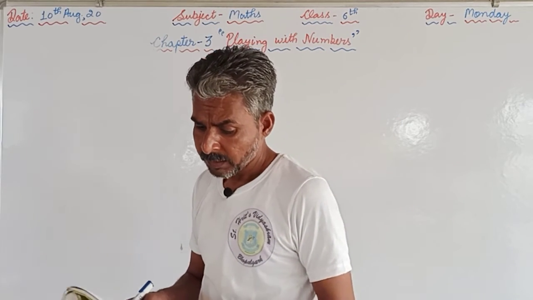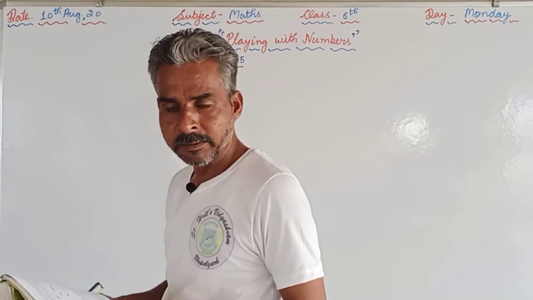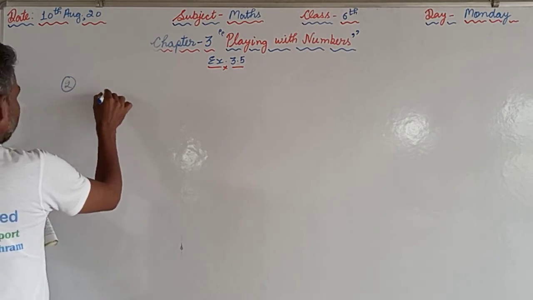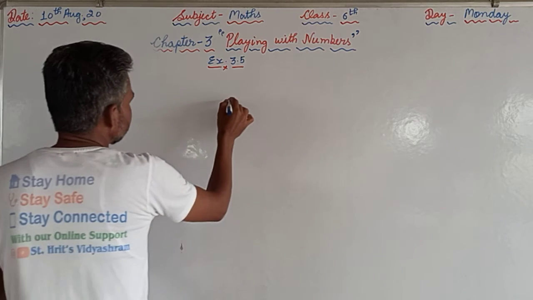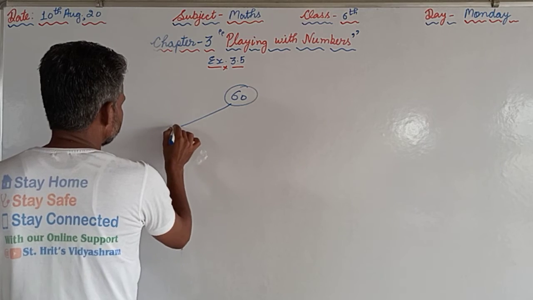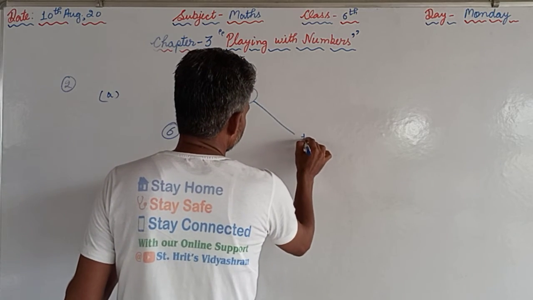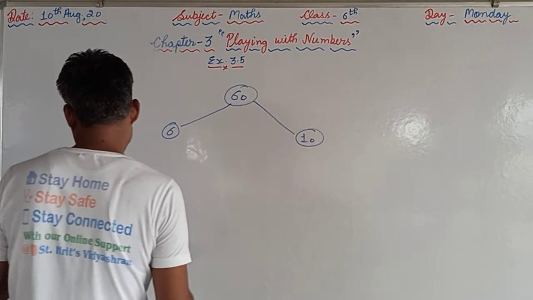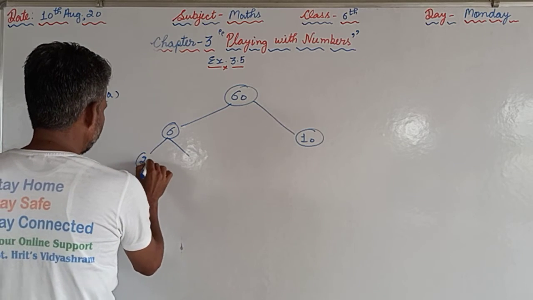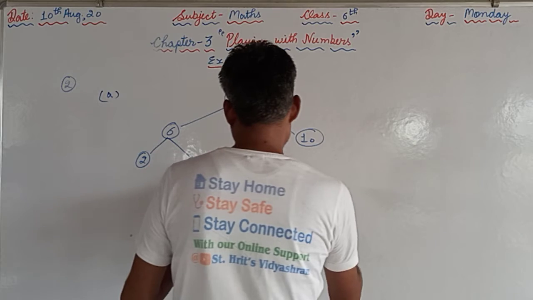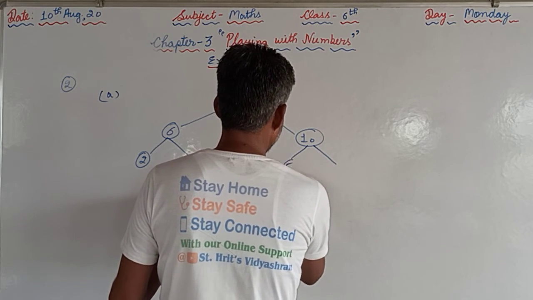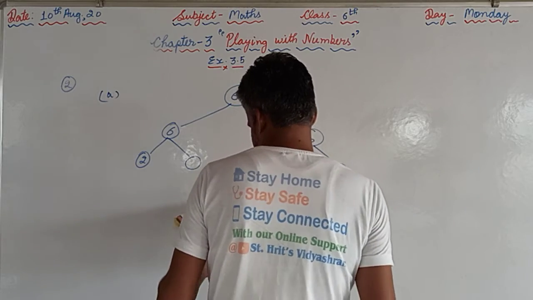But first of all, one incomplete factor tree is there. So question number 2, part A. In part A, 60 is there, and what they have done, 6 and 10 from 60, then 6 they have divided into 2 parts, 2, and here the blank is there, here 10 is there, and what they have done, 5 and blank is there.